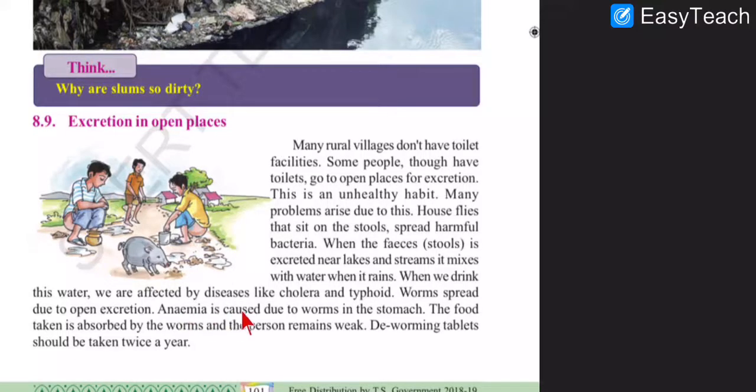The food taken is absorbed by the worms and the person remains weak. Deworming tablets should be taken twice a year.